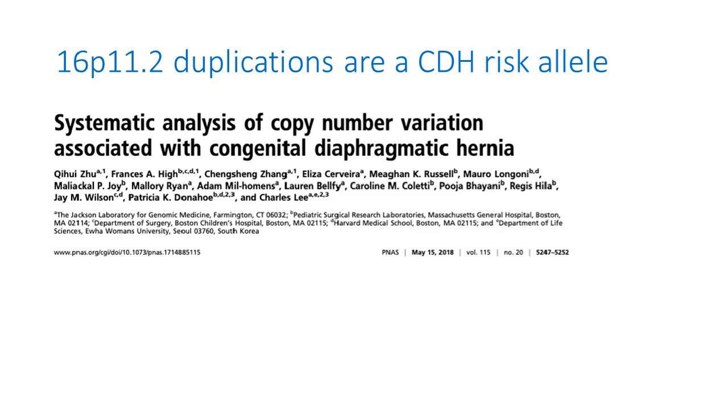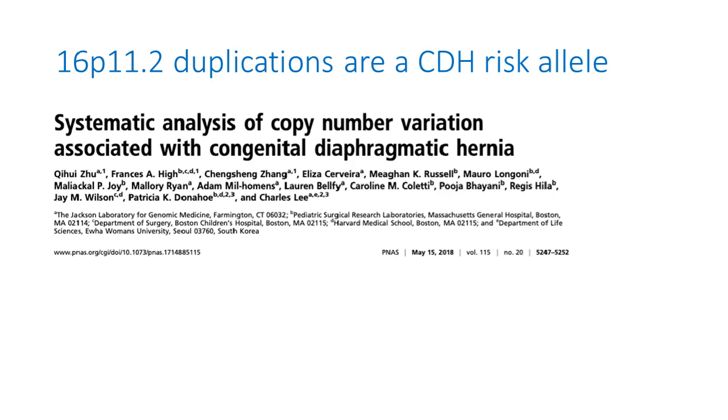At that time, we had used microarray technology to study a large cohort of CDH patients and compared them to population controls. And we found duplications at this locus that were enriched with statistical significance compared to controls.